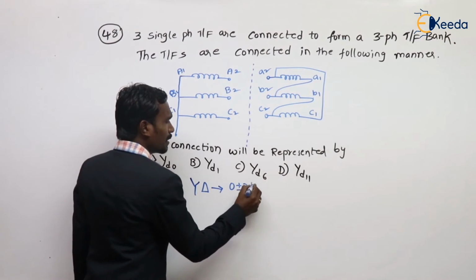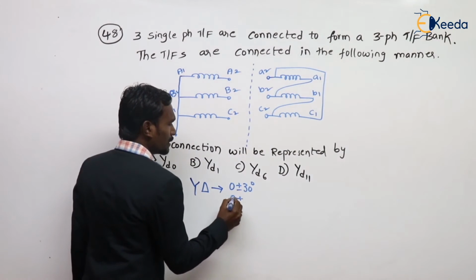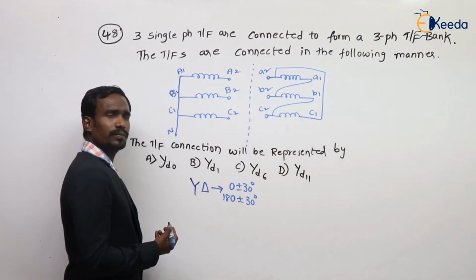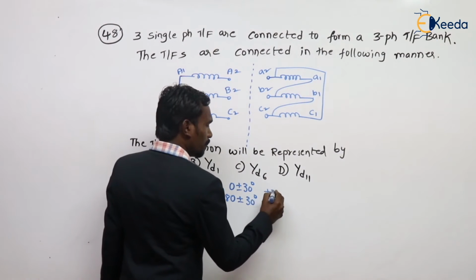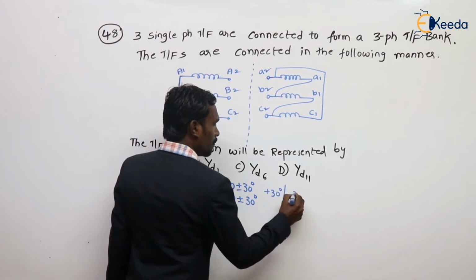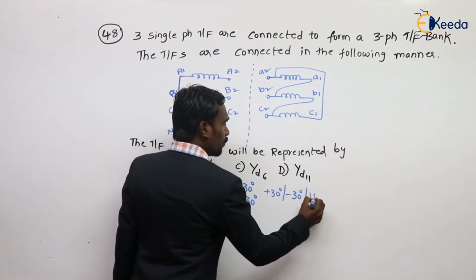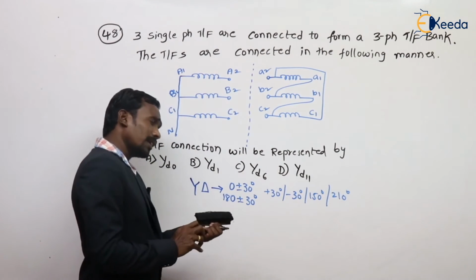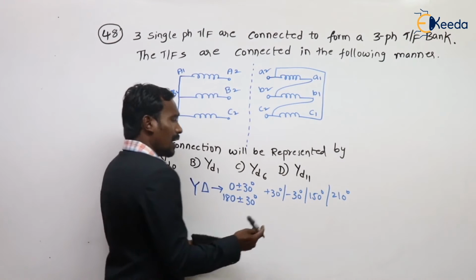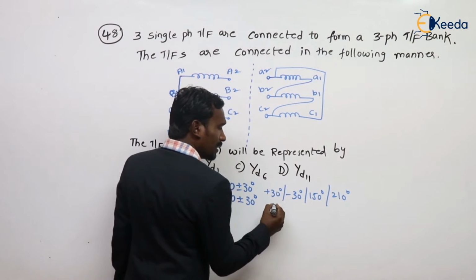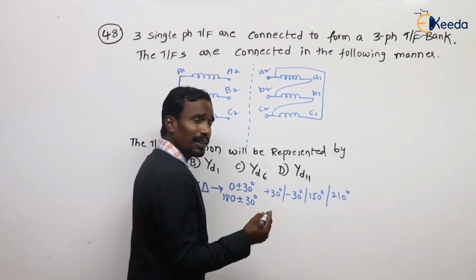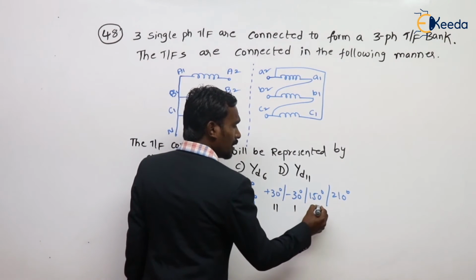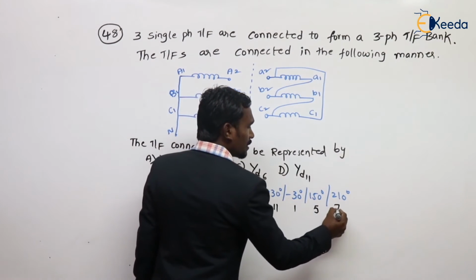In star delta, we have four configurations. One is 0 plus or minus 30 degrees, and one is 180 plus or minus 30 degrees. Nothing but plus 30, minus 30, 150 or 210, nothing but leading, nothing but 11 o'clock, 1 o'clock, 5 o'clock, 7 o'clock.